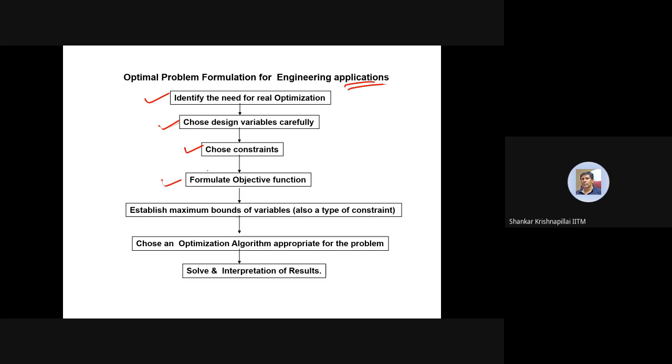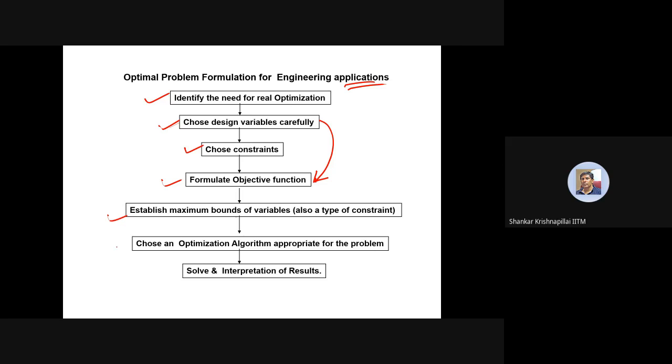Then you have to formulate the objective function like weight or surface area, or maximize stiffness or something like that. This design variables must be a part of the objective function. And establish the bounds of the variables, like length should be between 1 meter and 2 meter and things like that.